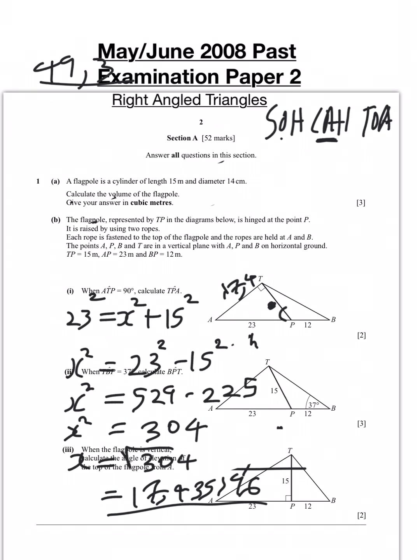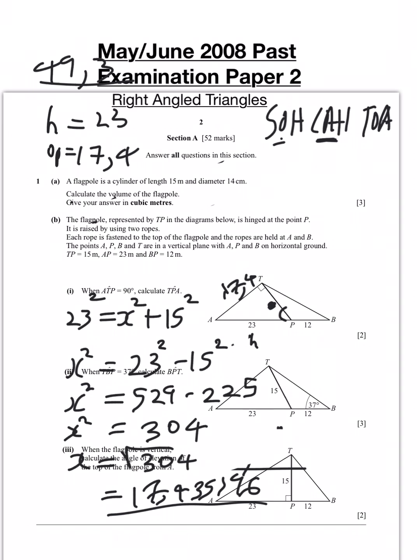The hypotenuse is equal to 23, and our opposite is 17,4.